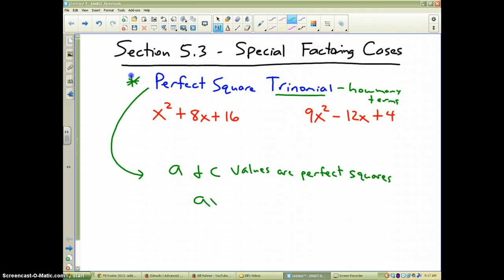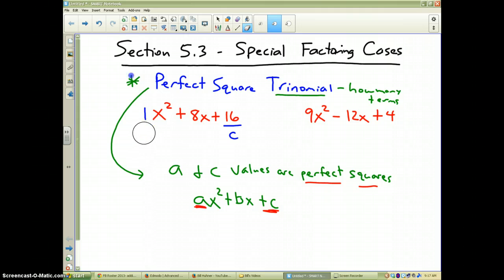So in your quadratic formula, ax squared plus bx plus c, the first and the last coefficient are going to be perfect squares. So if you notice in my first problem, the a value is 1 and the c value is 16. They are both perfect squares, so this is called a perfect square trinomial.